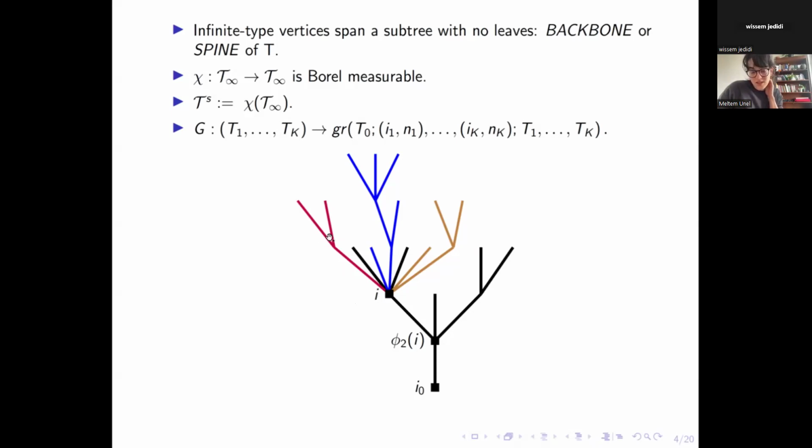Now, if I take again the black tree and graft onto the top vertices of this black tree, not on the bottom, forget about the colored trees, just look at the black one.